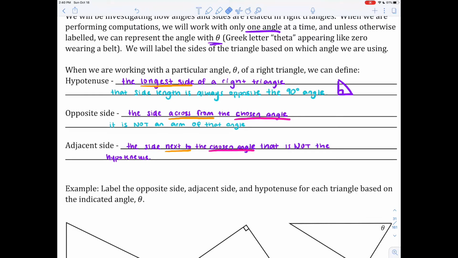The opposite side is not an arm of that particular angle. It is the only one not directly attached. Whereas the adjacent side is the side next to the chosen angle. Any particular angle is next to two sides, and one of those sides will always be the hypotenuse. So the adjacent is the side next to the chosen angle that is not the hypotenuse.